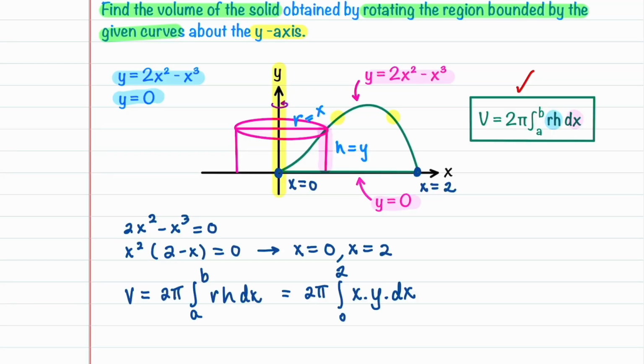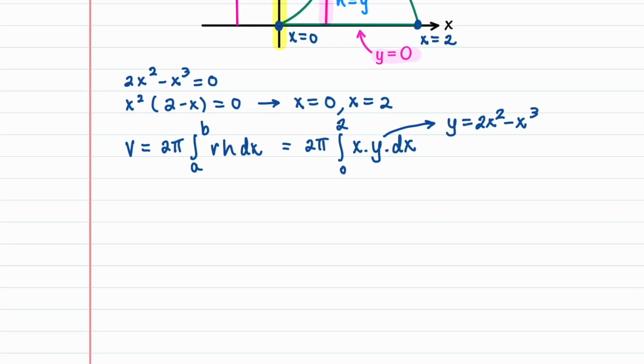We now need to substitute in that y is our curve 2x squared minus x cubed. This gives us our volume is 2 pi times the integral from 0 to 2. We have x, and then we have 2x squared minus x cubed dx.